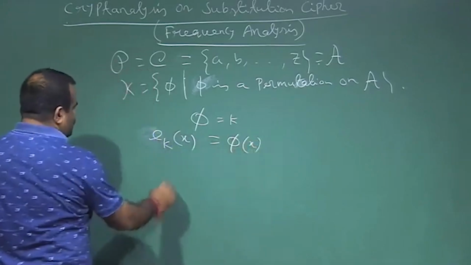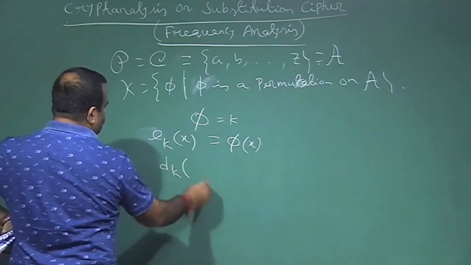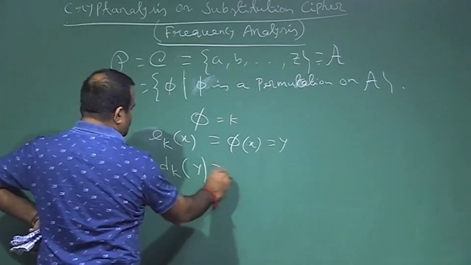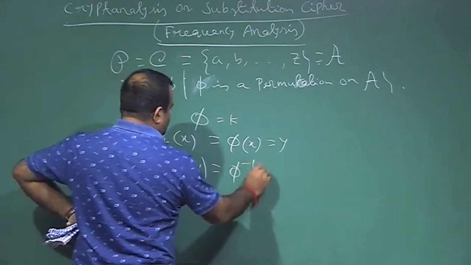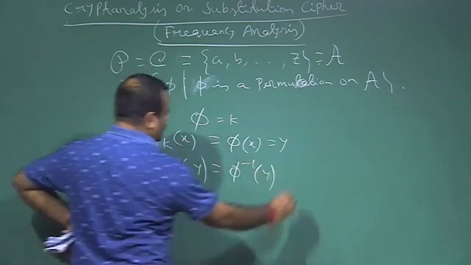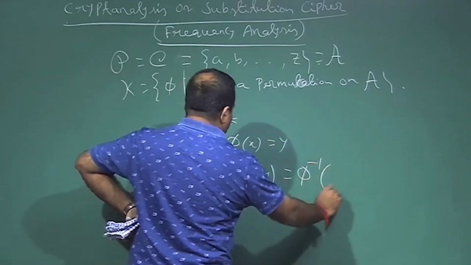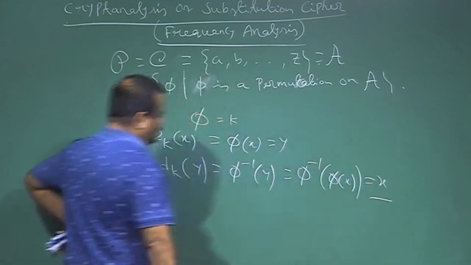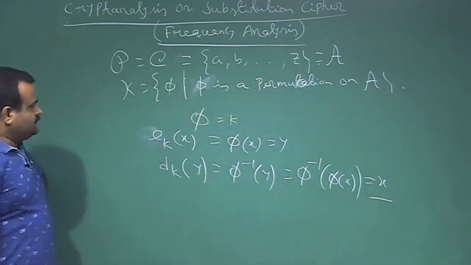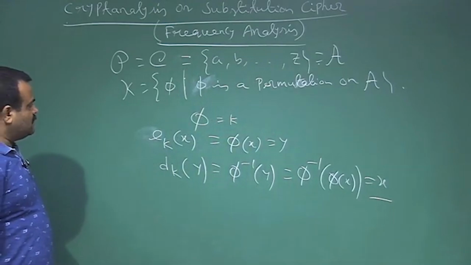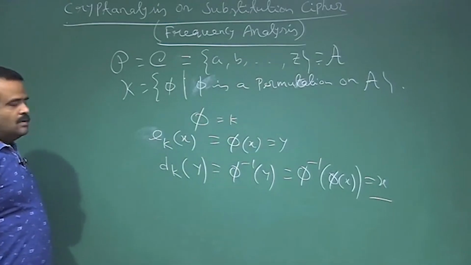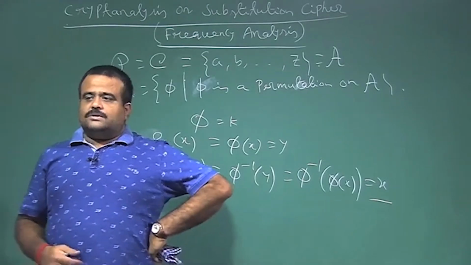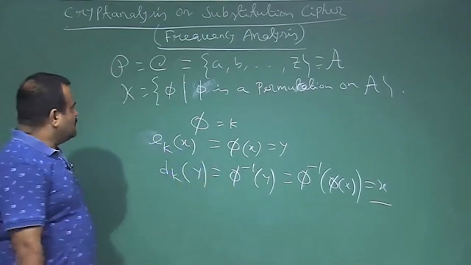And decryption: if y is the ciphertext, then the decryption is phi inverse of y, which is phi inverse of phi of x, which will give us x. Okay. So, this is the substitution cipher, and we have seen one example on substitution cipher in the earlier class. So, now the question is how secure this cipher is.